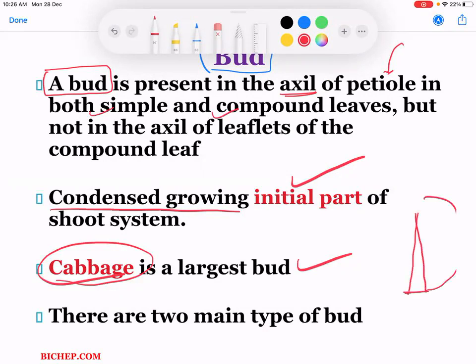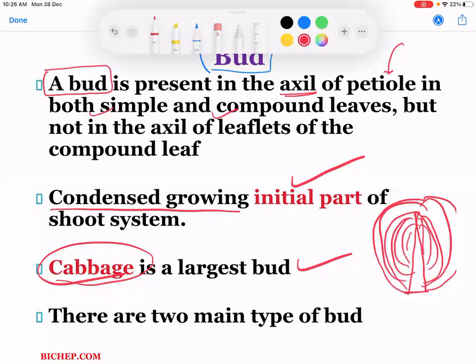One leaf is here, second is here, like that. So in the middle, the entire structure that we don't eat and throw away, that part is actually the bud. So cabbage has the largest bud.